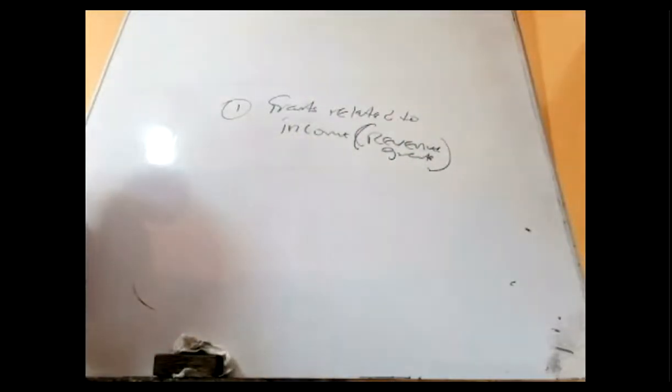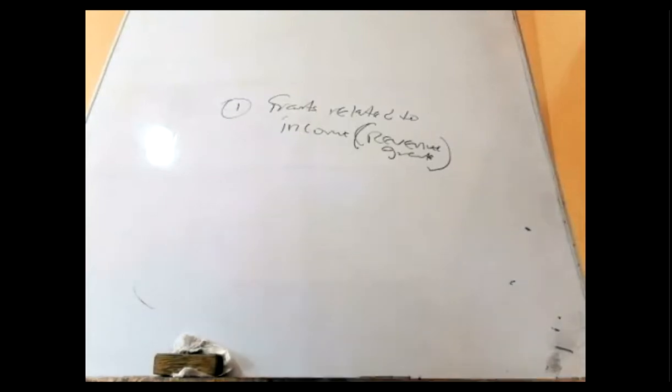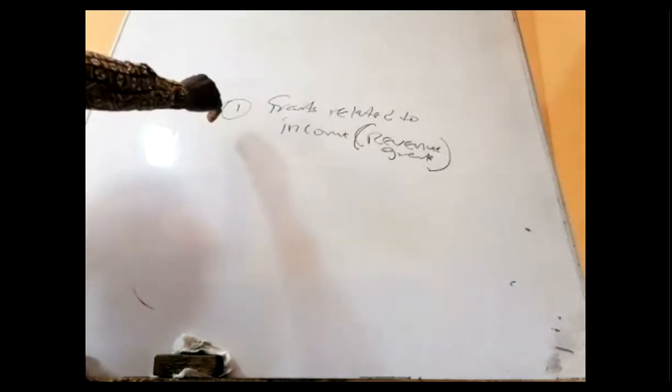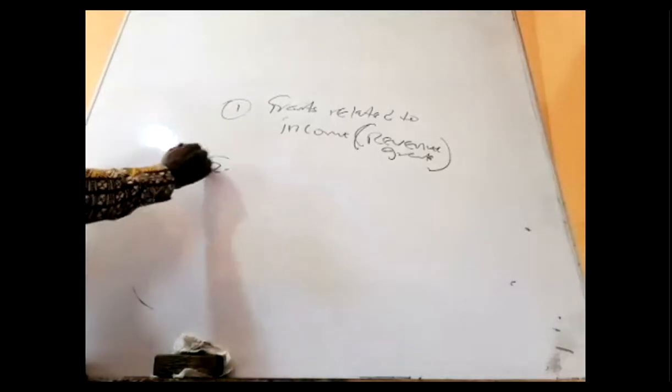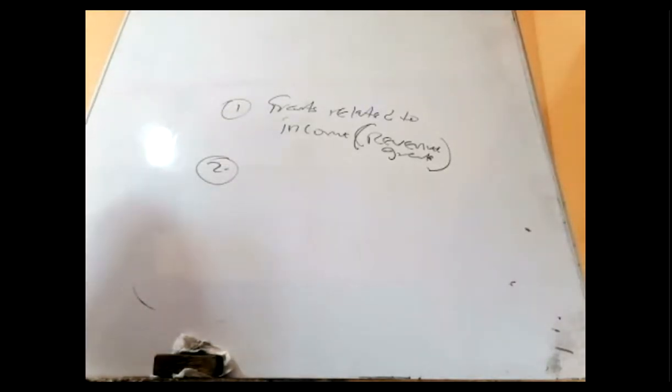Accounting treatment. This type of grants need to be recorded or recognized in the books as and when the condition is being fulfilled. That's all. The first type, grant related to income. But the second type is grant related to assets or capital grant. I want to treat the revenue grant first. It must be recognized or recorded in your books as and when the condition is being satisfied.